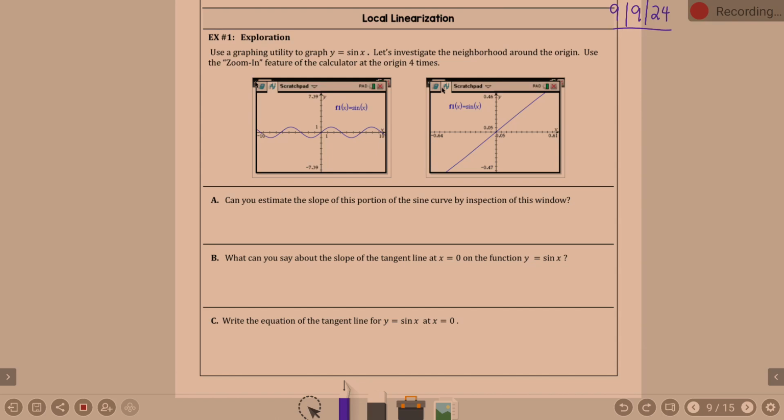So there's once. You basically have about a cycle there, right? Zoom in again, hit enter an extra time. Well, they're zoomed in twice, and what's it look like? About a straight line, which it kind of is at that portion if you think about it. I'm going to zoom in.